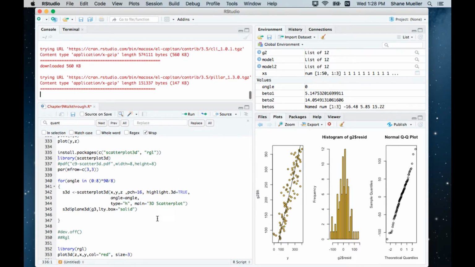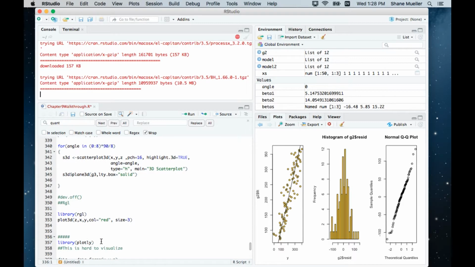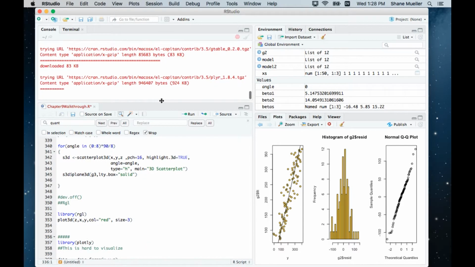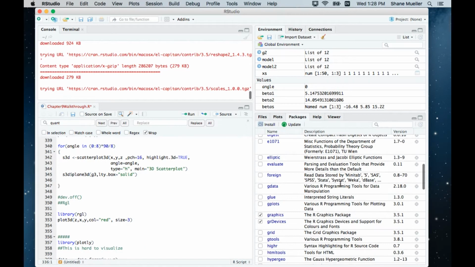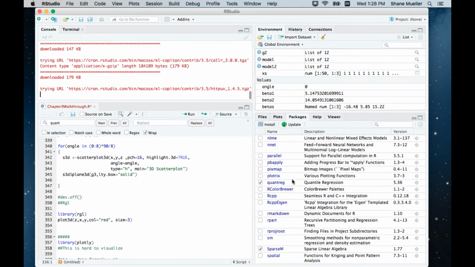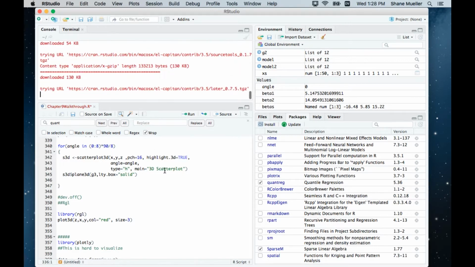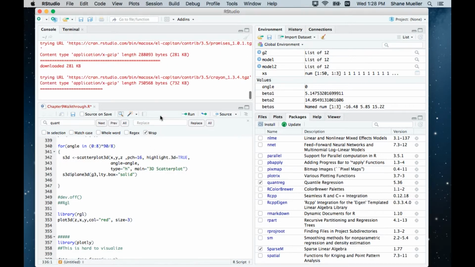And so we're going to look at scatterplot3d and rgl, and then Plotly also has a version. I'm not sure if I have Plotly installed on here, but it might take a while to install. So I may have to pause my recording, install it, and show what it looks like.